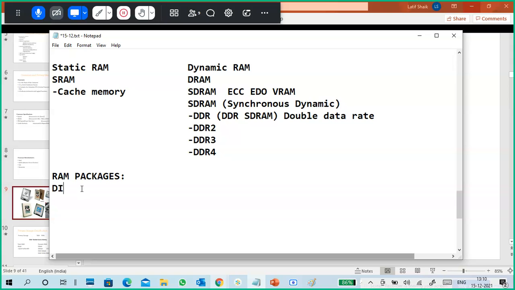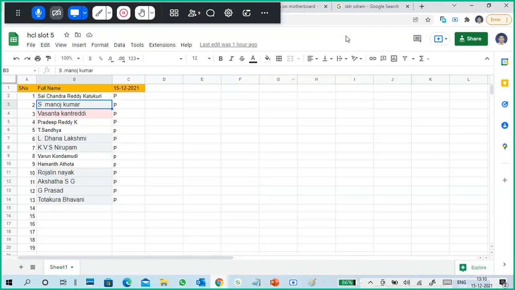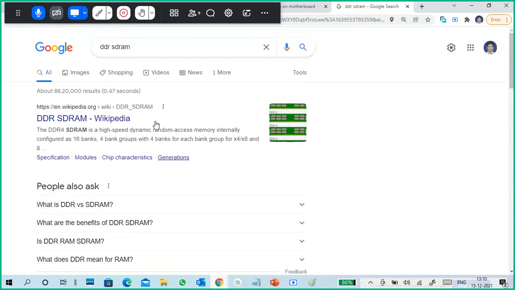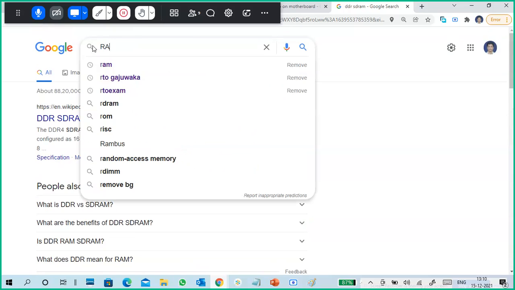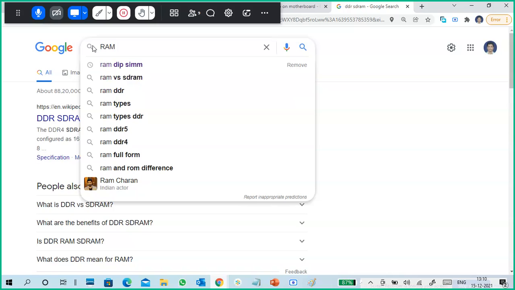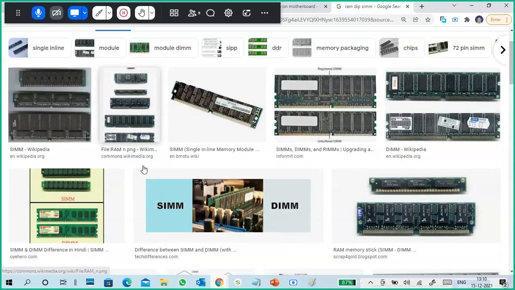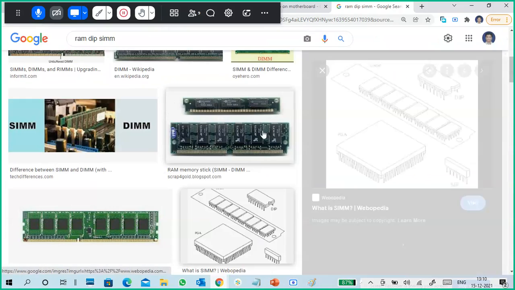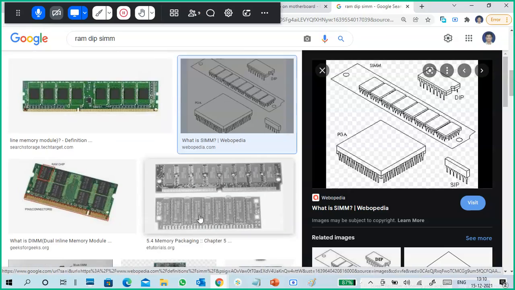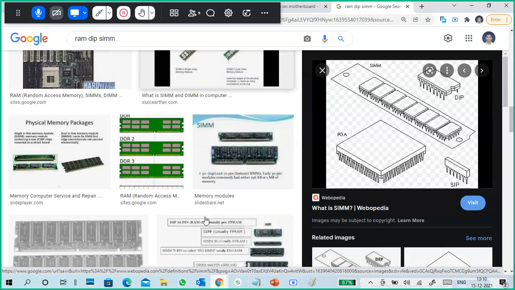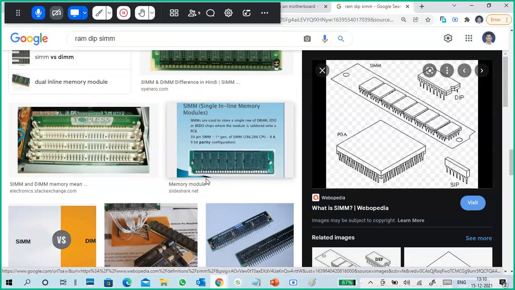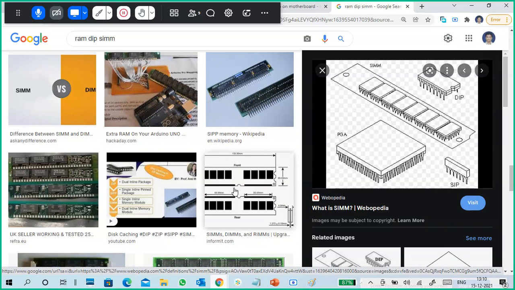Initially, RAM was like a DIP, similar to a chip. Initially a DIP is some kind of IC type. You may see a lot of circuit kind of stuff, right? So that is an IC type.